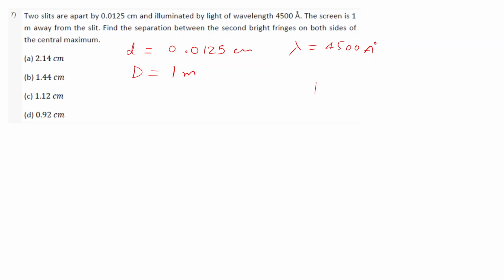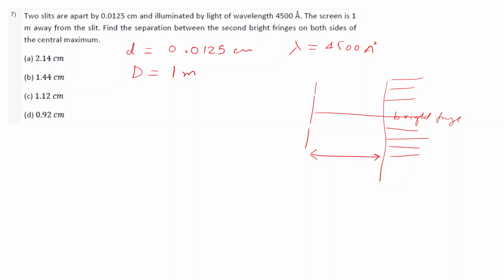So when we have something like this, kept at a distance capital D from the screen, then we know in the center we have bright fringe, and then we have dark and bright and dark and bright. That same pattern will be formed on the other side as well. At the center there is bright, then dark, then bright, then dark.